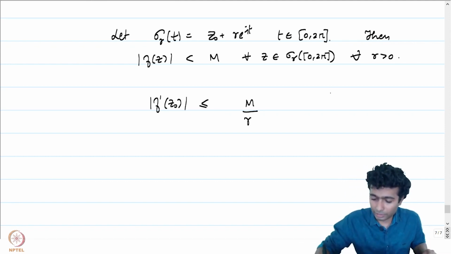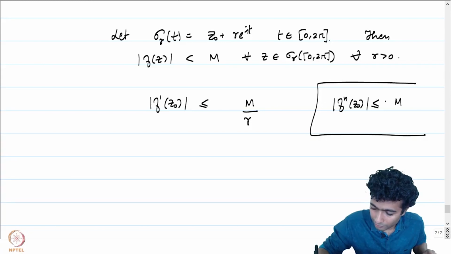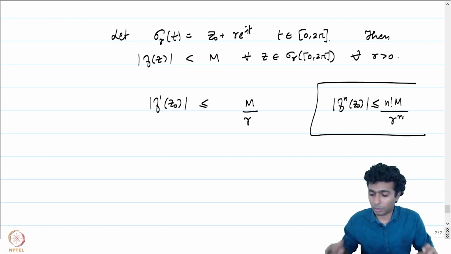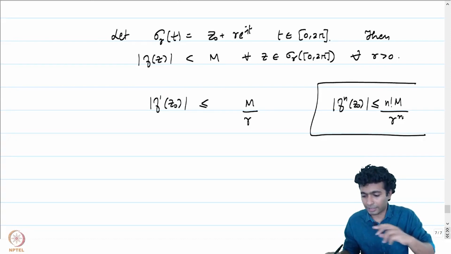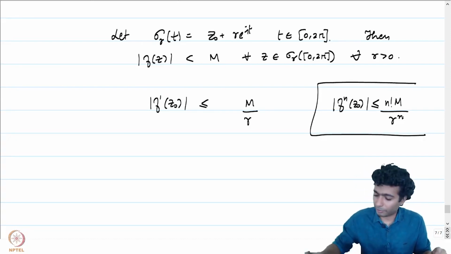Notice that the Cauchy inequality told us that mod f n at z0 is less than or equal to n factorial into M by r to the power n, where M is a bound of f on the circle of radius r around z0. When n is equal to 1, we have this estimate.